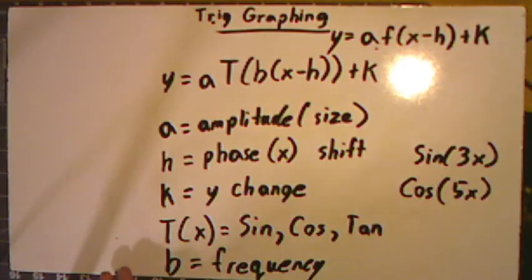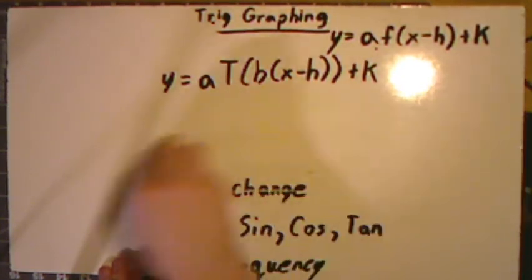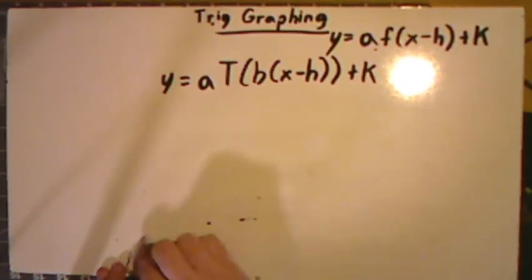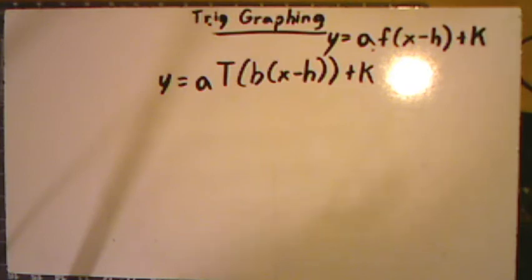So now we're going to see this in action. The best place to see this is honestly just go online, take out your graphing calculators, plug in some of these, and really get an idea of what is happening to these functions.